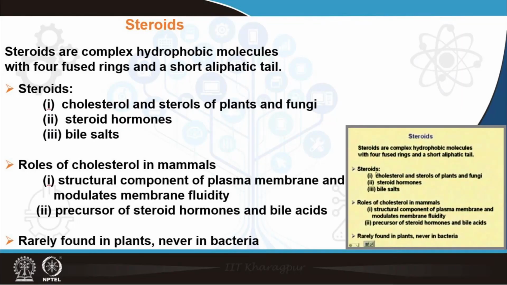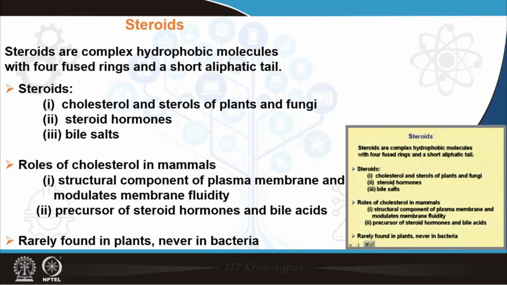At a particular position of the steroid, when one of these groups is converted to an OH, we call it a sterol. We have cholesterol, and sterols of plants and fungi.